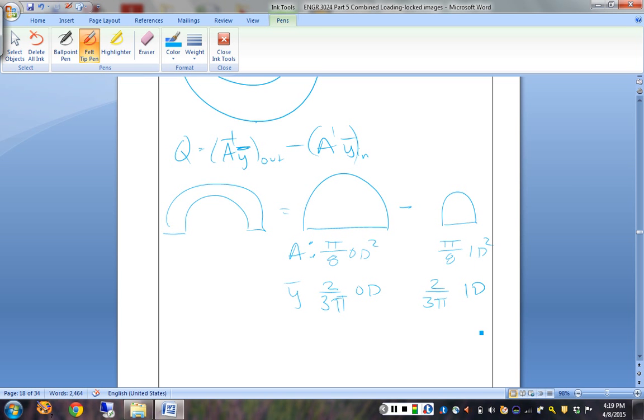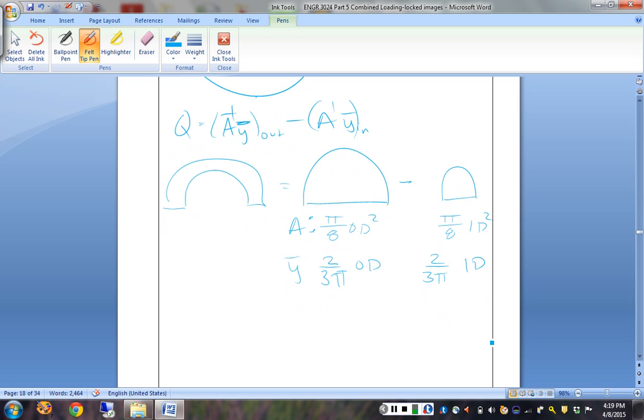So 2 over 3 pi times the outer diameter, and 2 over 3 pi times the inner diameter. Then I can multiply these things together and string it all together in a big, ugly, messy mess that ends up giving us that Q is 0.3804 inches cubed.